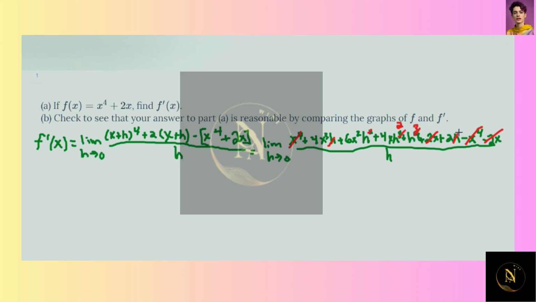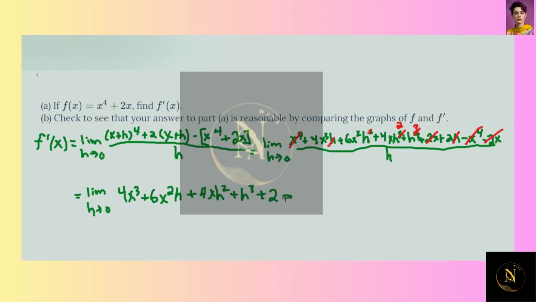Okay. So what we're left with is the limit as h approaches 0 of 4x cubed plus 6x squared h plus 4x h squared plus h cubed plus 2.